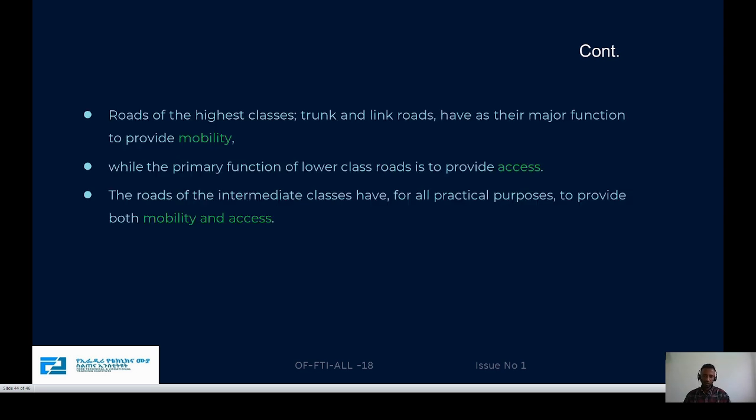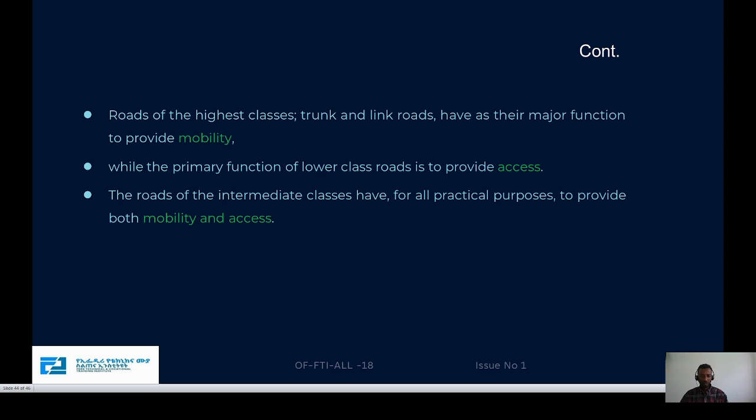The high classes, trunk and link roads, have as major function providing mobility. The traffic volume is very high, the standard is very high, the width is very wide, and the speed is very high.